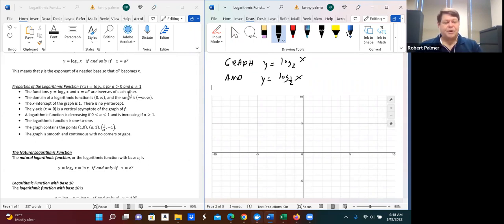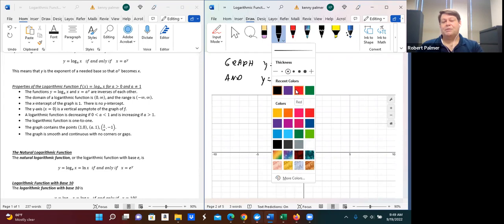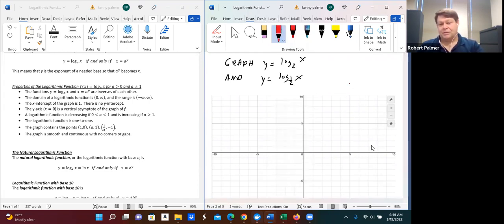Now, to understand this, instead of graphing the way we just did, where we graphed y equals 2 to the x and then did the inverse, this time let's understand the properties of a logarithmic graph to graph this first. So in red, I'm going to graph y equals log base 2 of x.